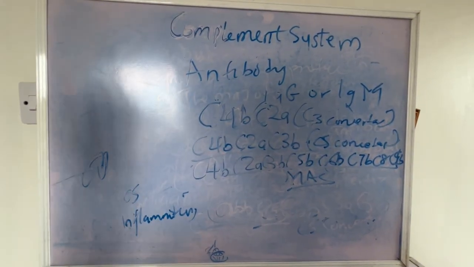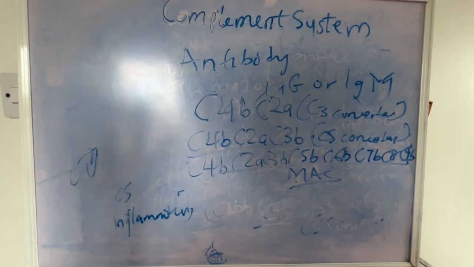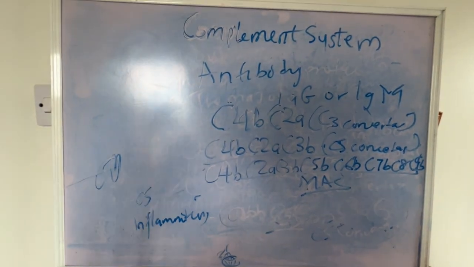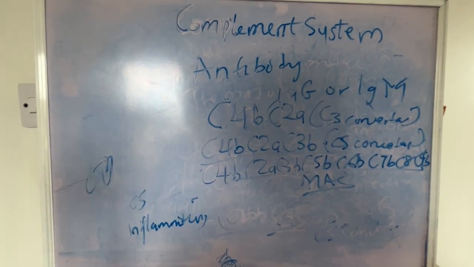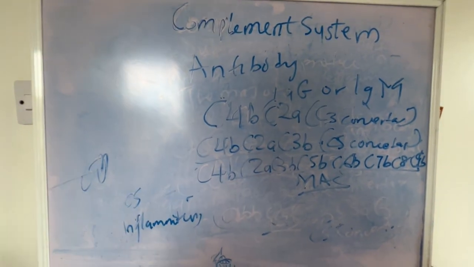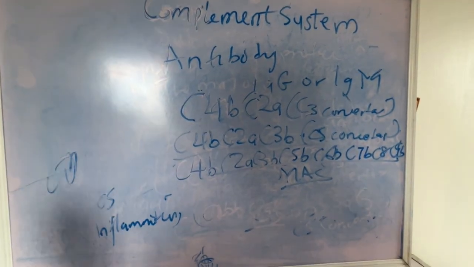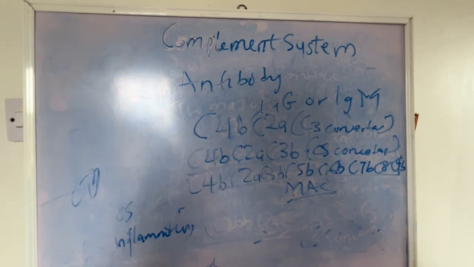The alternative pathway is antibody independent; it is triggered by the presence of a microbial surface or components of the microbe, either the cell wall or receptors. While the mannose lectin pathway is triggered by microbial polysaccharide.